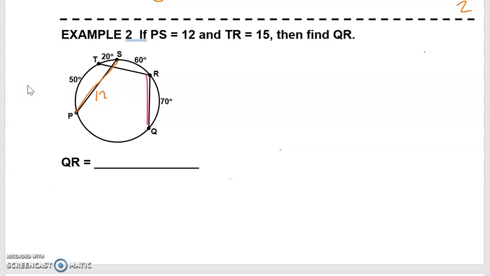SP's arc length, we don't know, it's broken into two sections. So we need to add them up. So 50 plus 20 equals 70. Now remember before, if our arc lengths are the same degrees, then our chords are the same units. So if SP is 70 degrees and 12 units, our QR is going to be 70 degrees and 12 units.